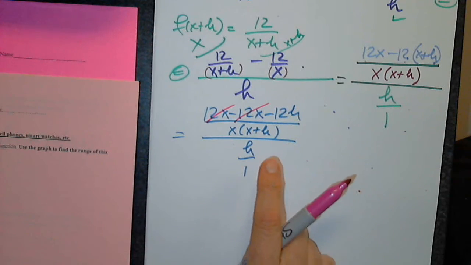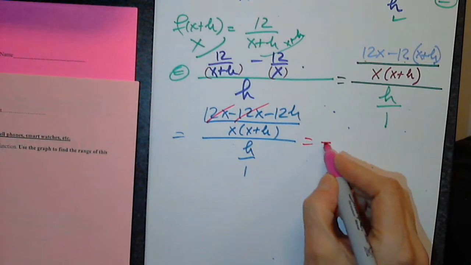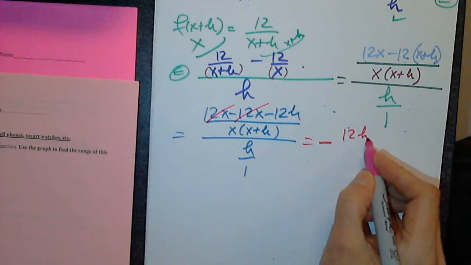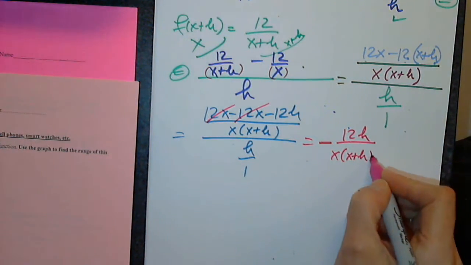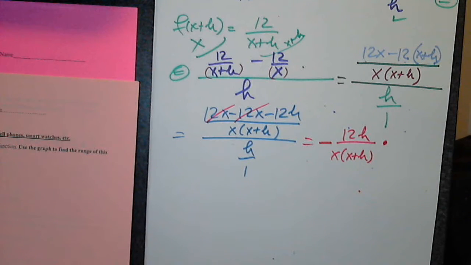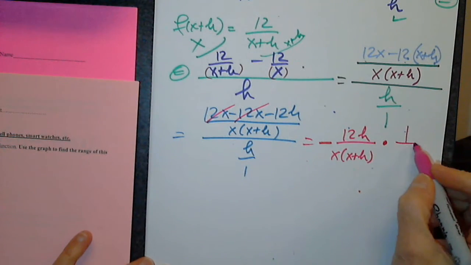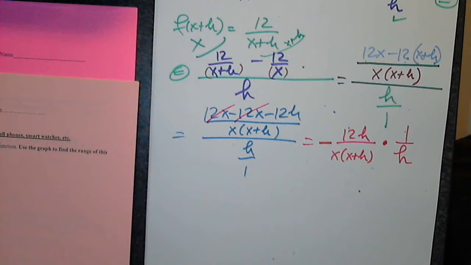Now I have a fraction, negative 12 over h, negative outside, 12h, negative 12h over this, x plus h, multiplied by, very good. So if you remember, with all difference quotients, two things must happen.